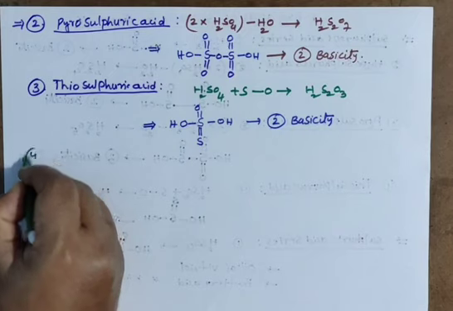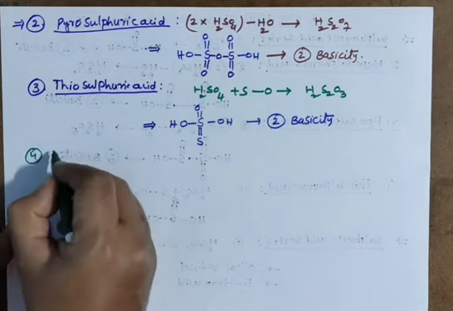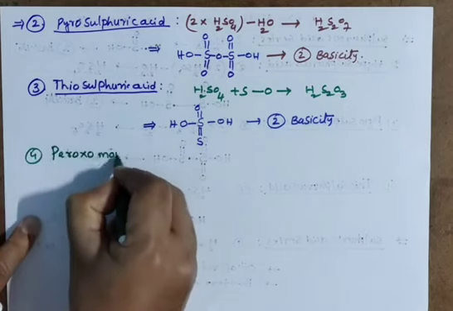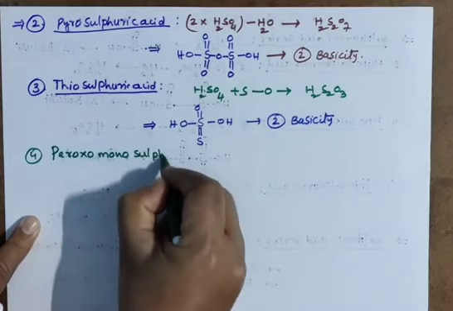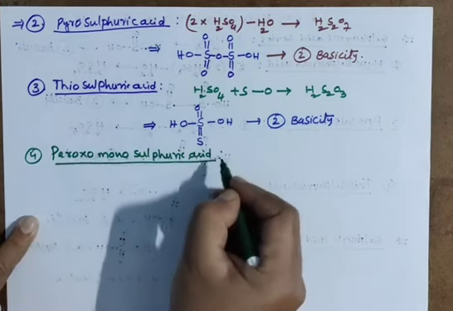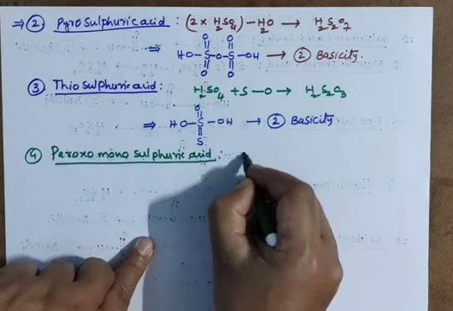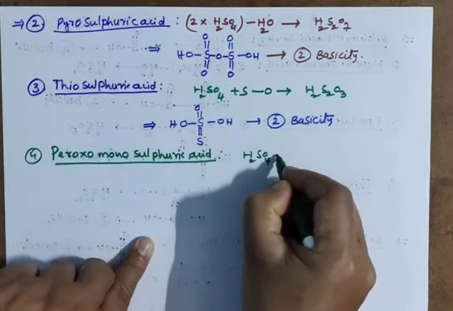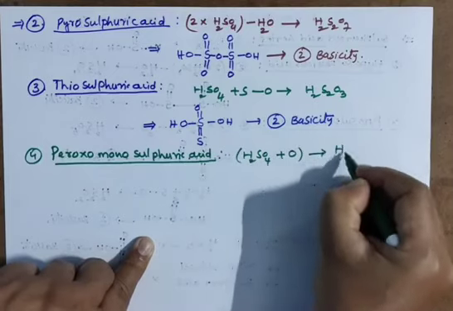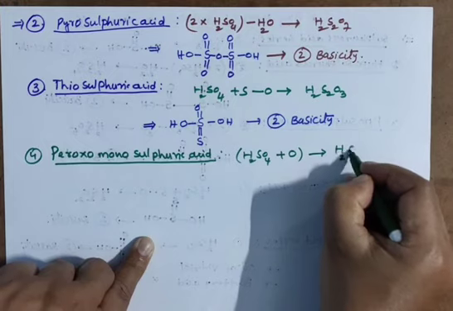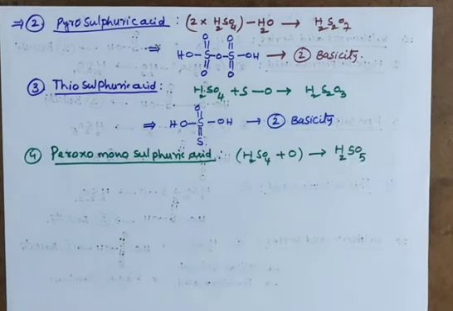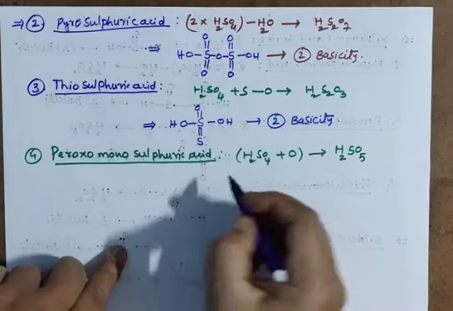And the fourth one I am giving to you, peroxymonosulfuric acid. Very important. Peroxy group. Very simple. Take H2SO4. Add one oxygen. You will get peroxysulfuric acid, H2SO5. This is peroxymonosulfuric acid. And we have the structure now.